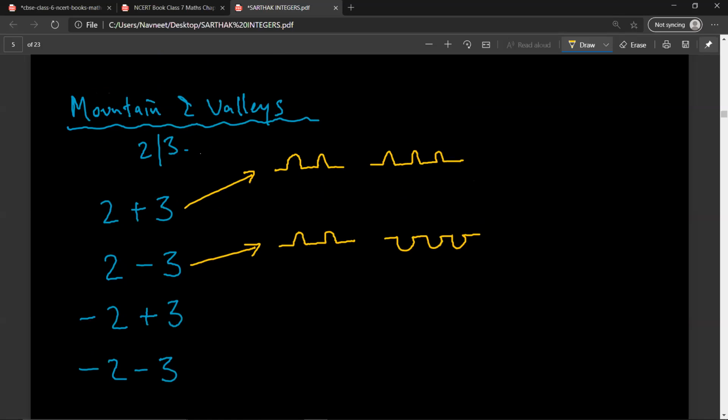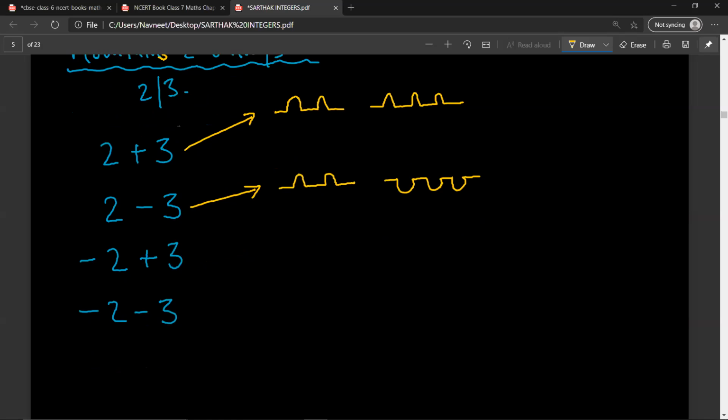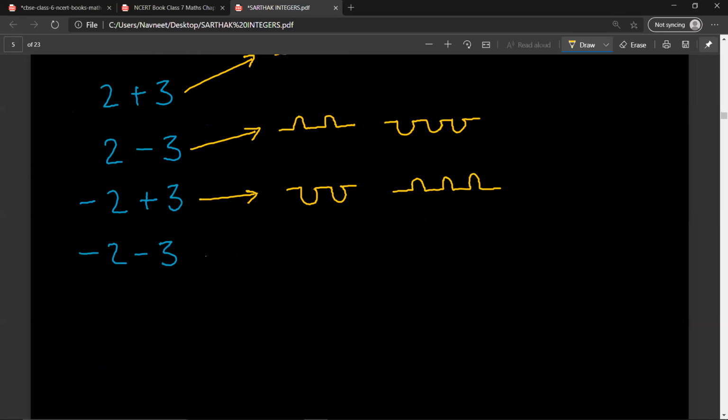So whenever I get confused, I just start drawing these. So -2 plus 3, 2 valleys and 3 mountains. I'm not doing any subtraction, addition, multiplication. I'm just drawing valleys and mountains.